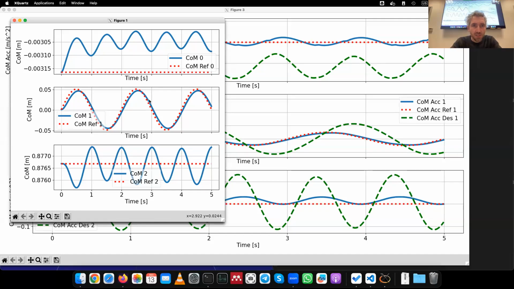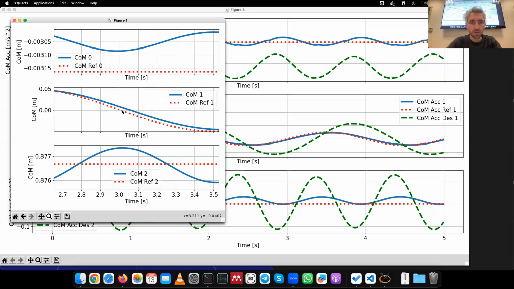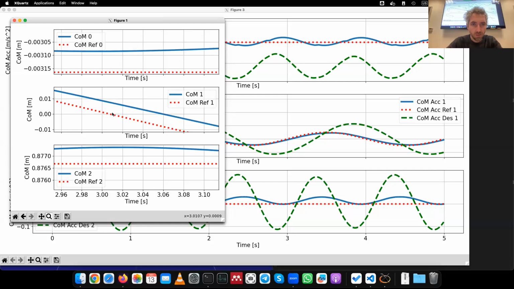Yeah, I mean, we can try to rerun it. It's pretty fast. It's true that there is some delay. We can try to quantify it by zooming in a little bit. So it's almost 2 grid steps.